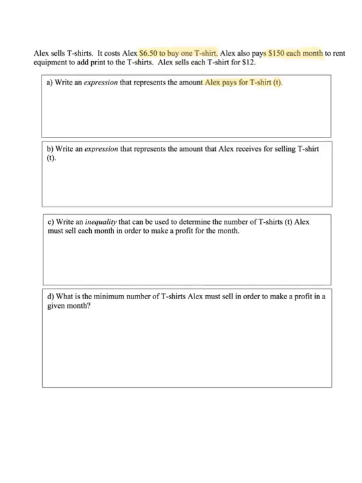So using our variable t, as well as the price per t-shirt and the amount he's paying per month, we now can write a variable expression to represent the situation.